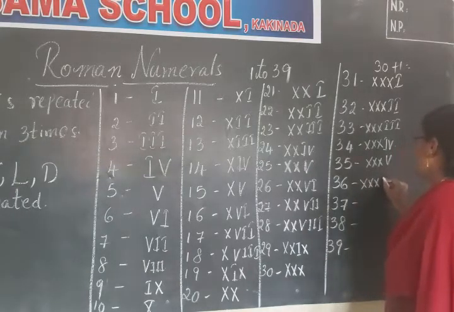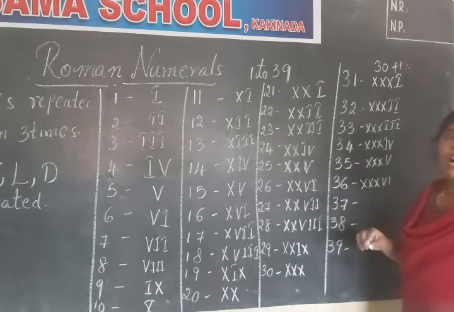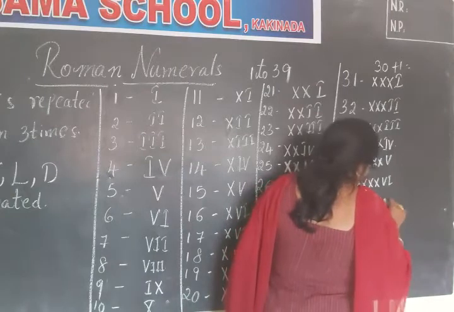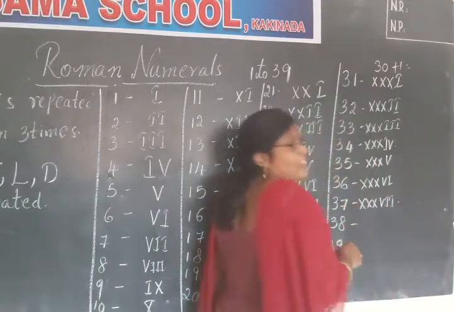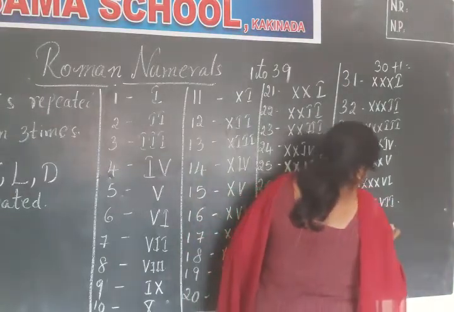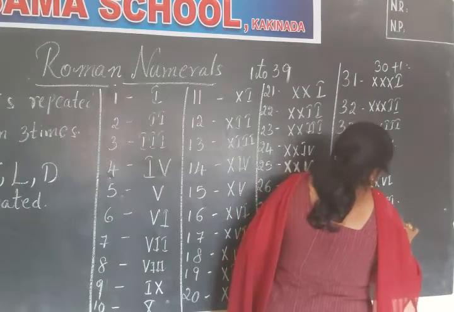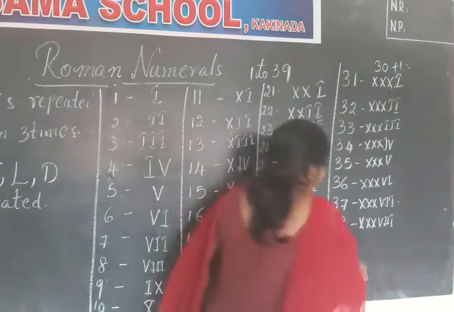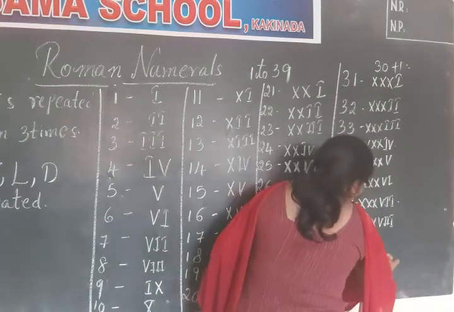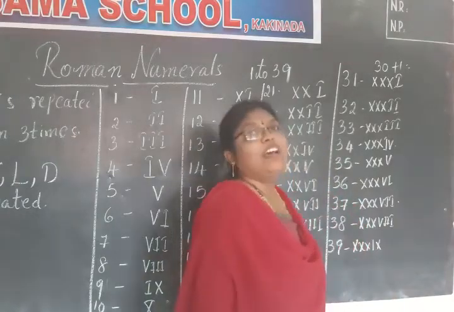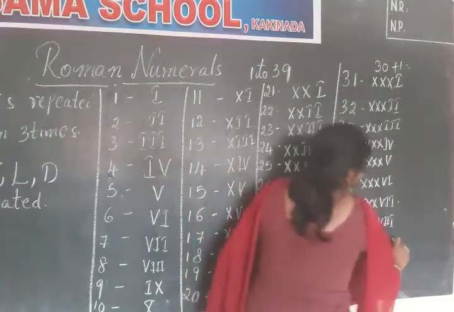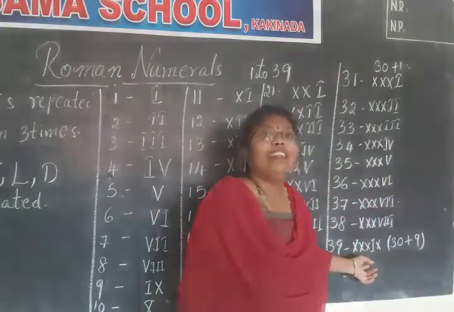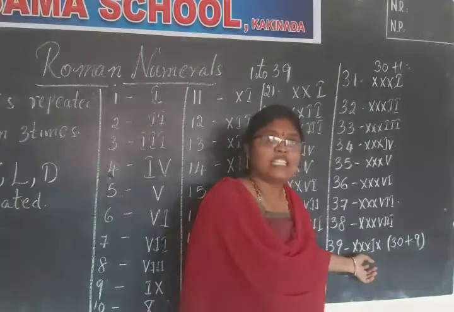Triple X and V I, that is for 36. Triple X and 7, 37. Triple X and V triple I, which means 38. And triple X and IX, that is for 39. 30 plus 9. 39. Children, do you understand?